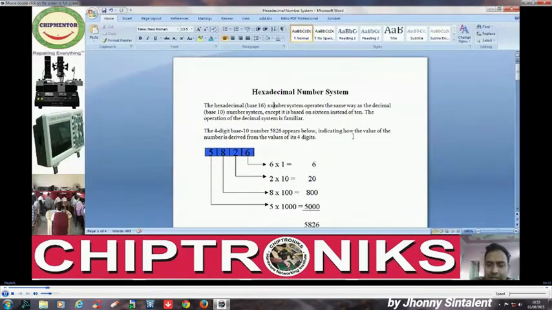To simplify things, let me first explain the difference between a binary number system and a hexadecimal number system. Our processor, whether in a notebook motherboard, a desktop motherboard, or a mobile, doesn't have much brain.